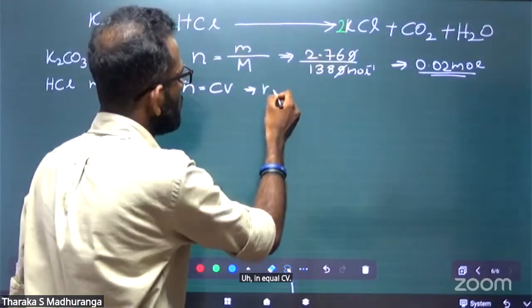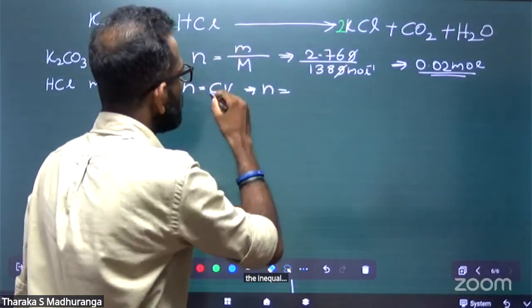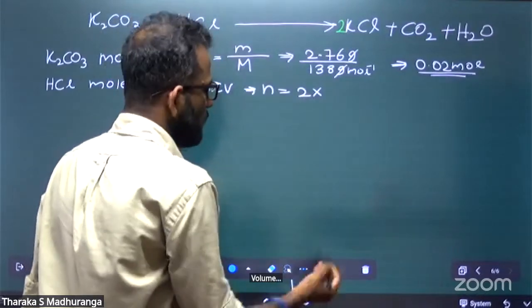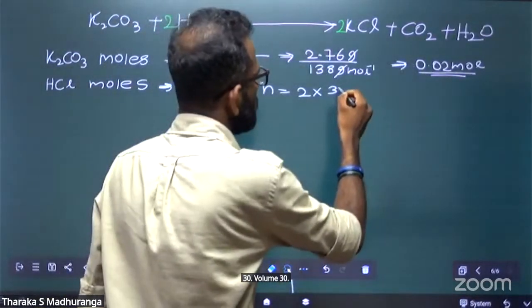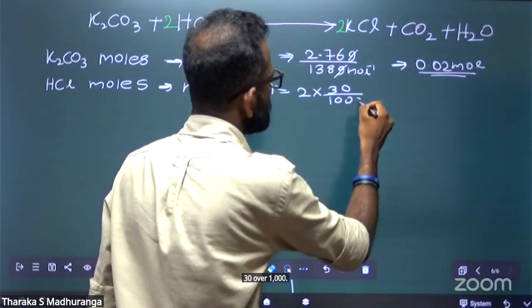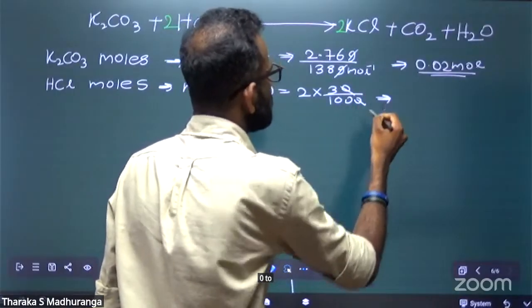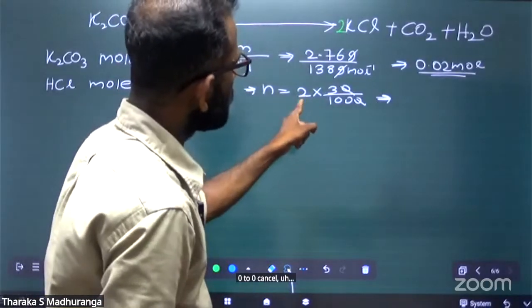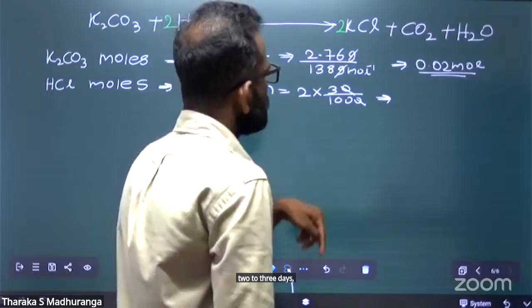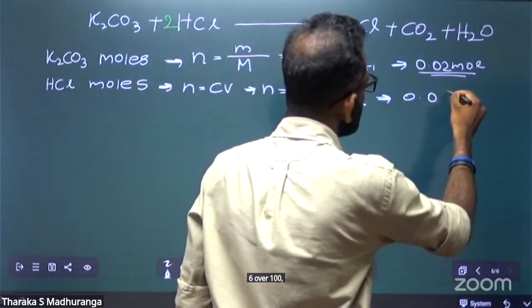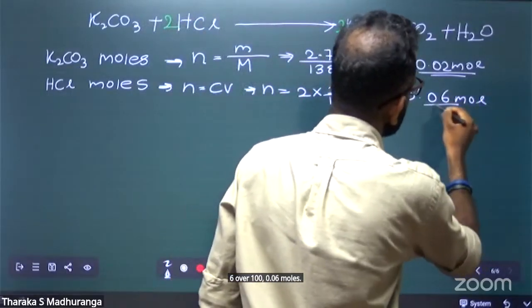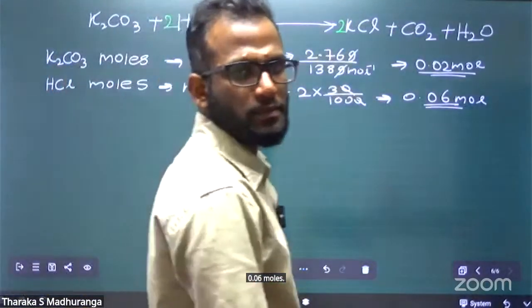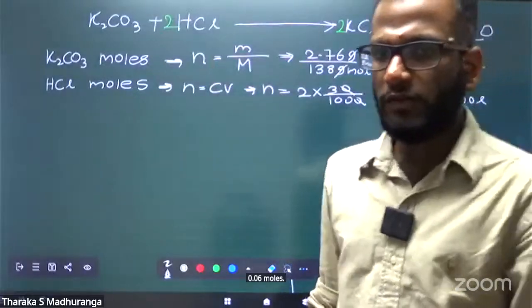The n equal concentration 2, volume 30 over 1000. 0 to 0 cancel. 2 into 3 it is 6. 6 over 100, 0.06 moles.